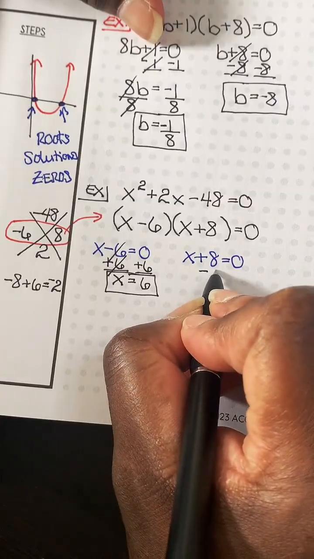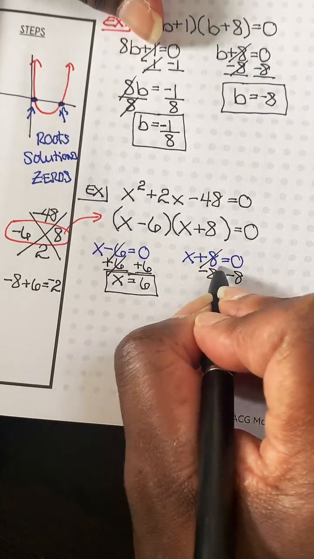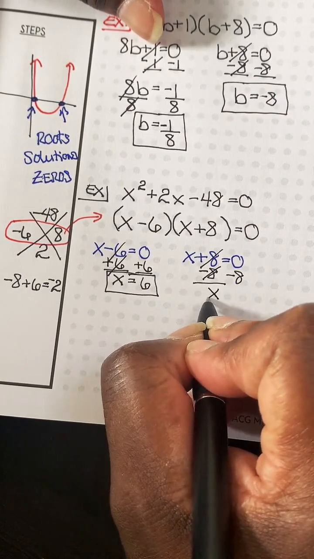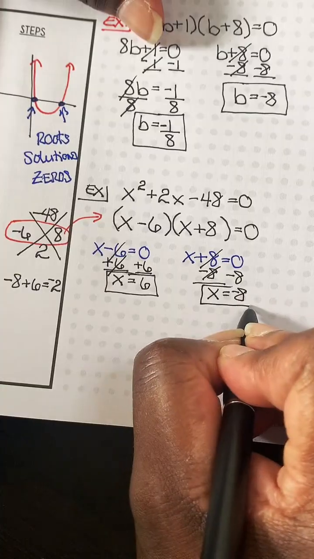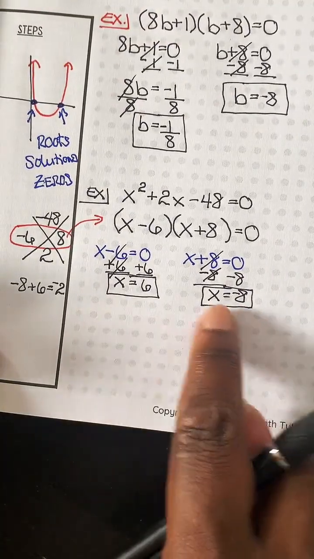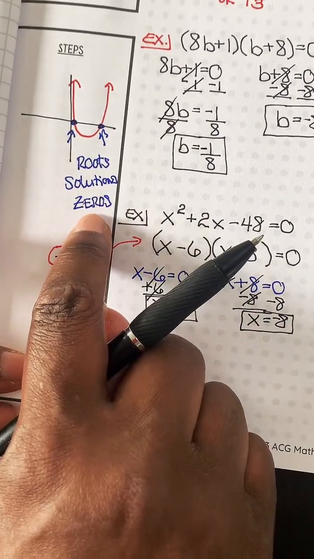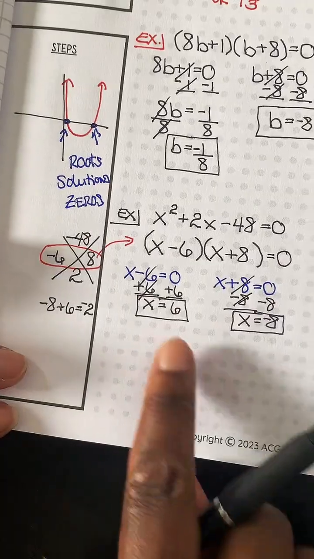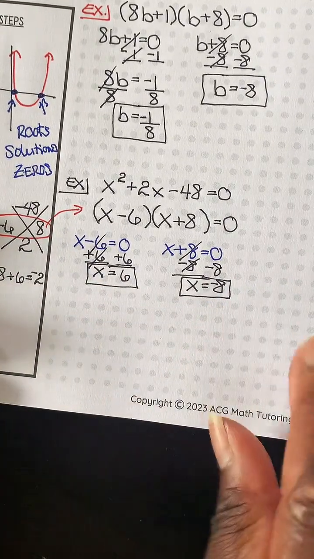Then we have to subtract 8 on this side because it was a positive 8. They cancel out, leaving me with x is equal to negative 8. So our two possible solutions, our two possible roots, our two possible zeros are going to be 6 and negative 8.